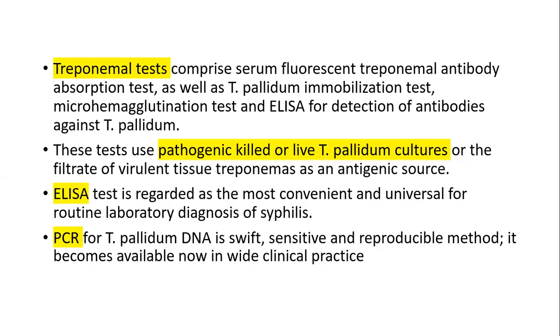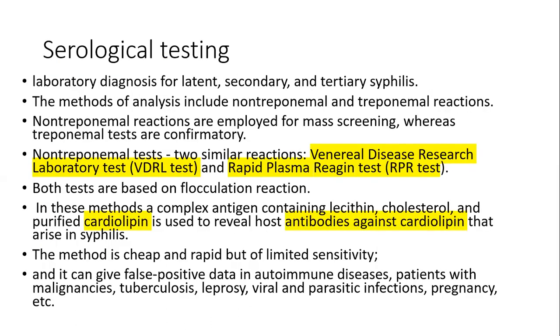It's a very important rule. If the VDRL test or rapid plasma reagin test shows a positive reaction, it does not mean that this patient has syphilis. It means that you should administer a treponemal test to this patient.